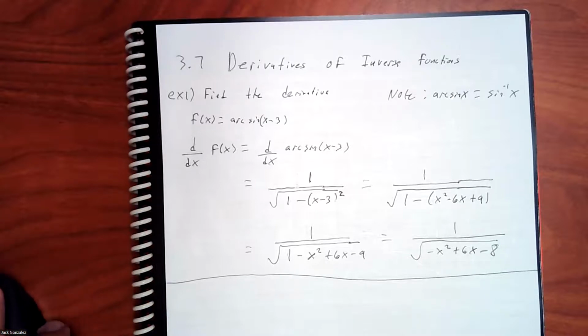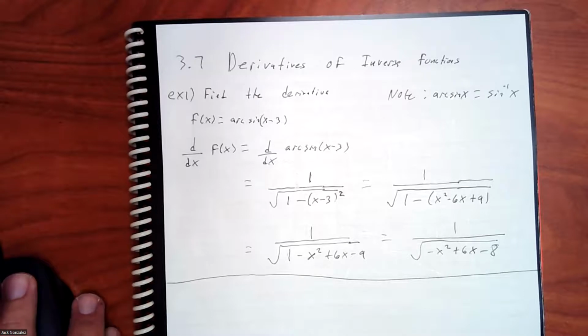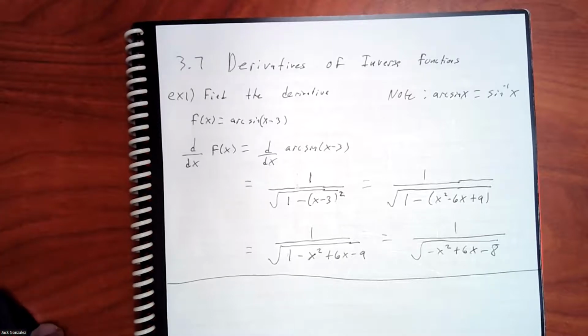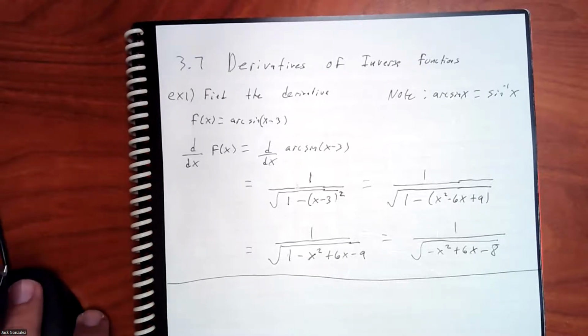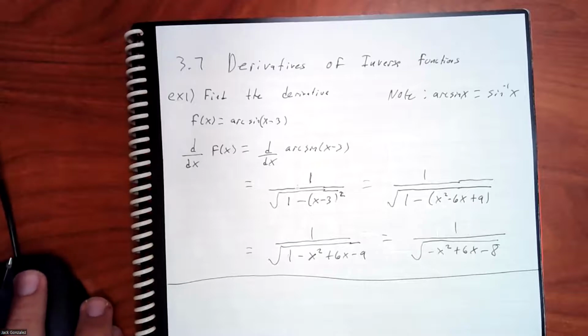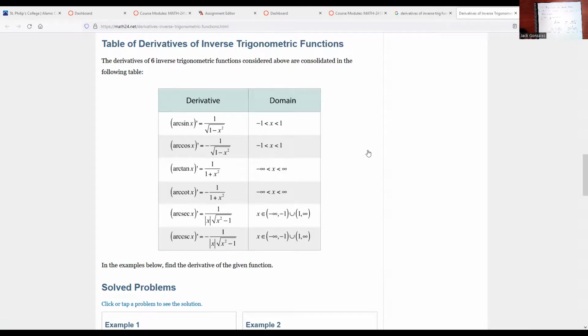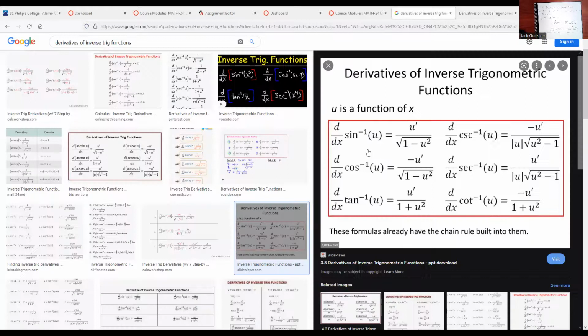This one is generalized. The derivative of this will be the same thing times the derivative of u.